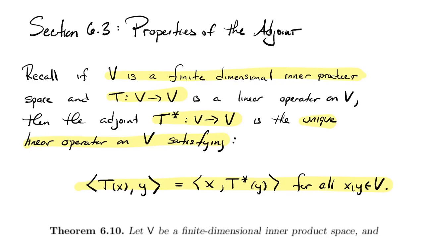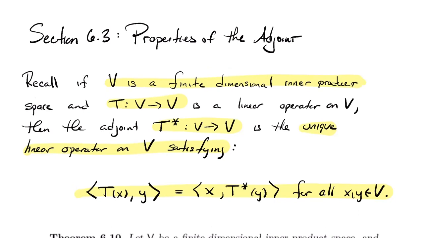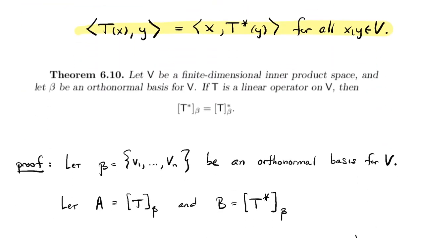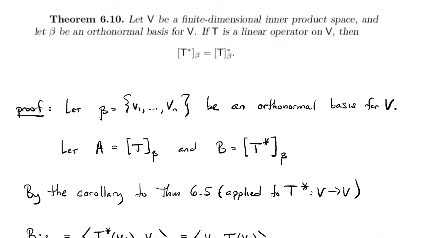One of our motivations was to construct a linear operator whose matrix in an orthonormal basis was the adjoint matrix for the matrix of T. Our first theorem says that we have achieved that goal. Take a finite dimensional inner product space V and a linear operator T on it, and let beta be an orthonormal basis.